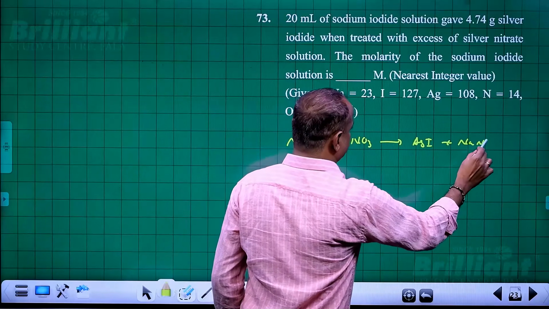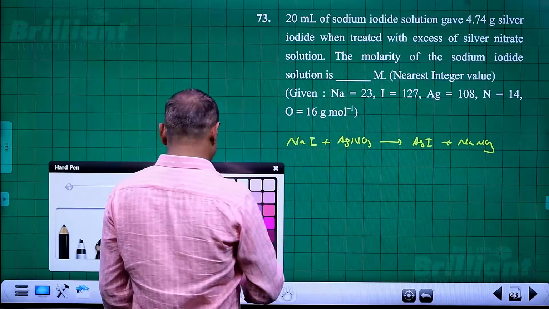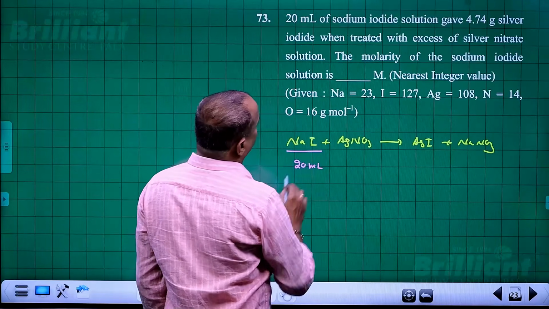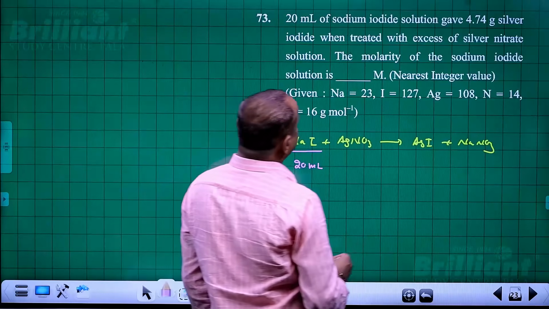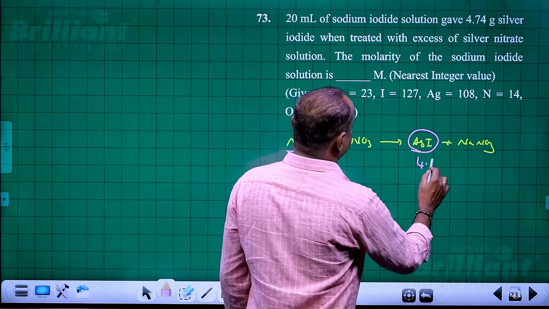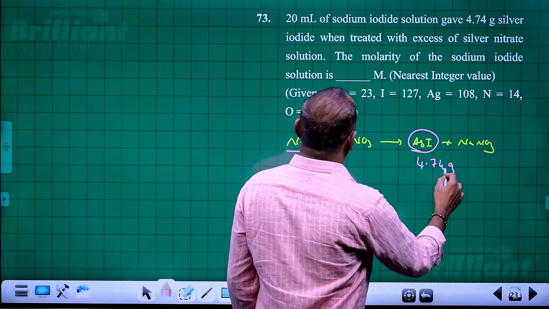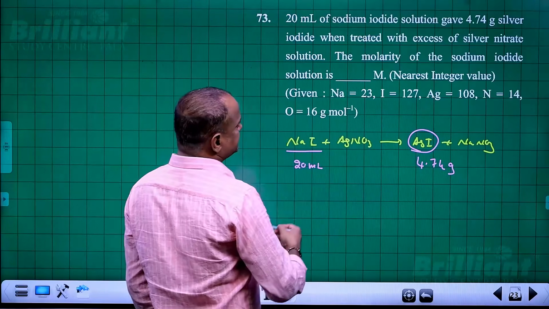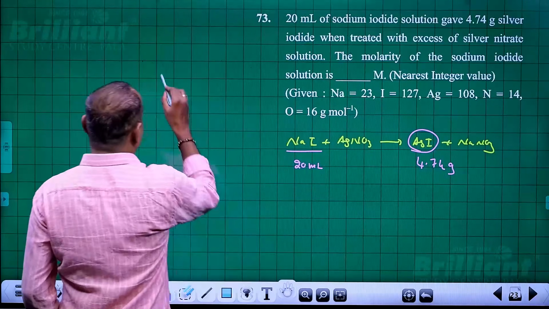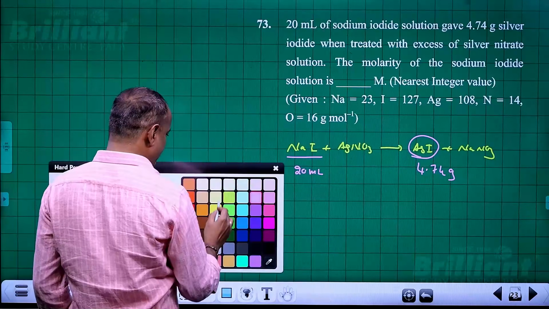This is the equation. The question gives 20 ml sodium iodide and silver iodide precipitate of 4.74 grams. Find the molarity of sodium iodide. Apply the formula of equivalence, N1 V1 equal to N2 V2.